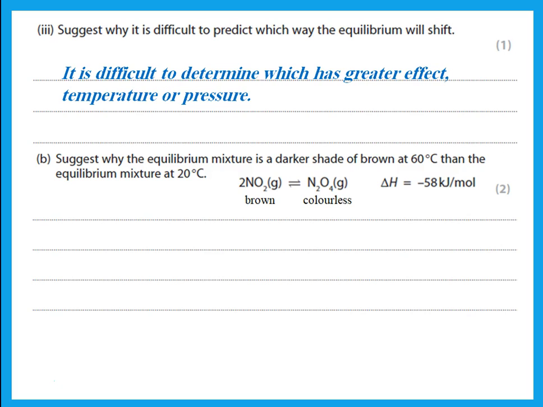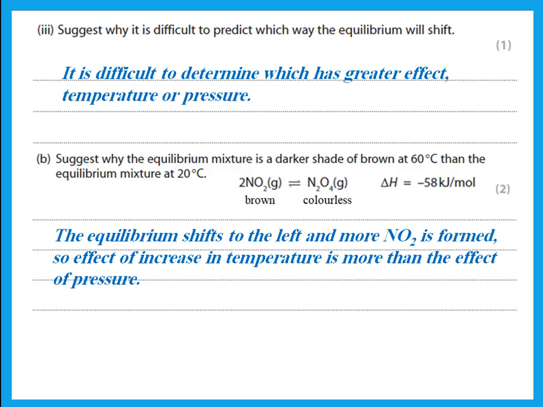If it goes brown, that means it went backward. More NO2 is formed. So that means that the effect of temperature is more than the effect of pressure. Because remember, we said if you increase the pressure, it should go forward. But if overall the reaction went backward, that means the effect of increasing temperature is more than the effect of pressure.